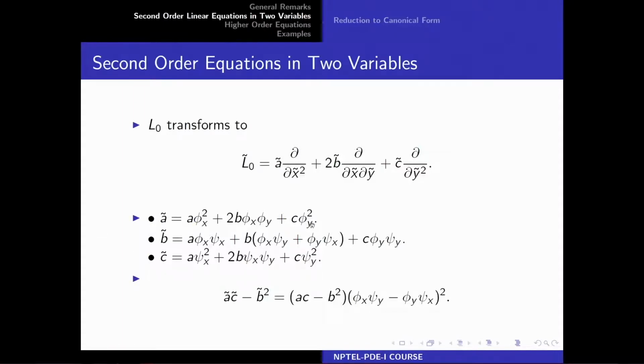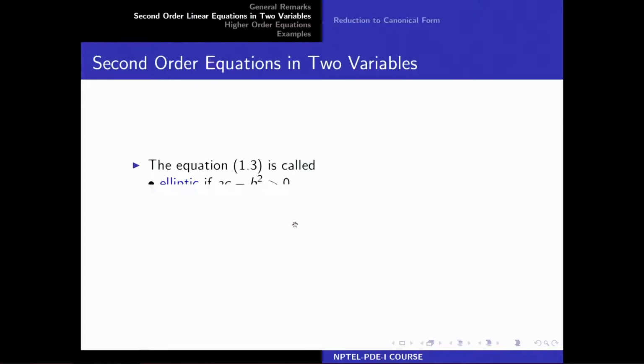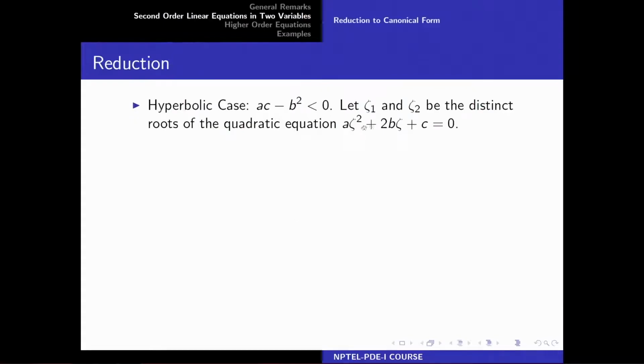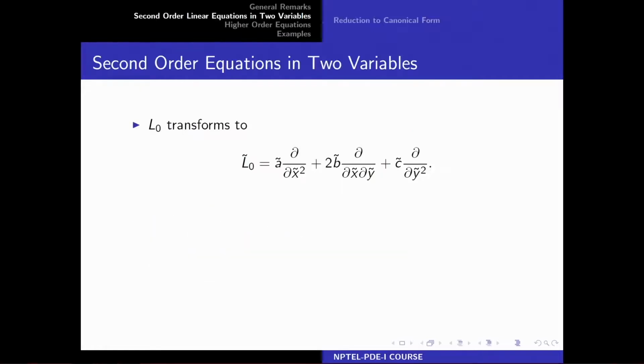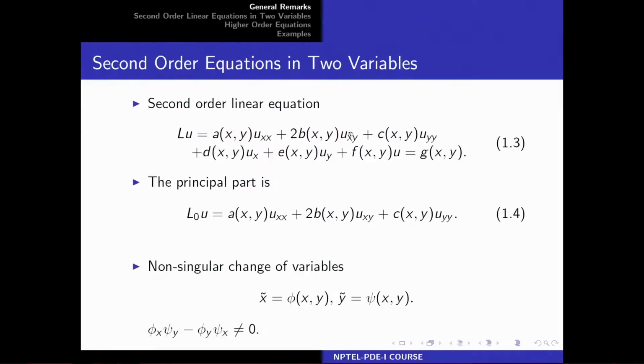For example, if phi y is not 0, I can divide by phi y square and then I get A phi x by phi y square, 2 B phi x by phi y plus C, and that is exactly this quadratic, if I replace zeta by phi x by phi y. And phi x and phi y cannot be equal to 0 simultaneously because of the non-singularity condition. So, you have to pay attention to all these things.